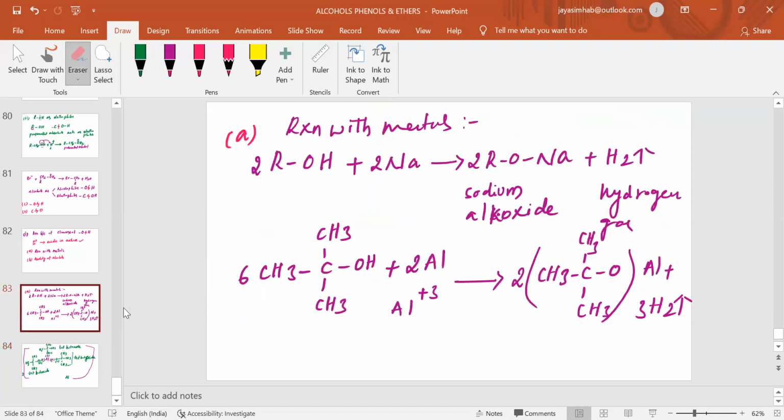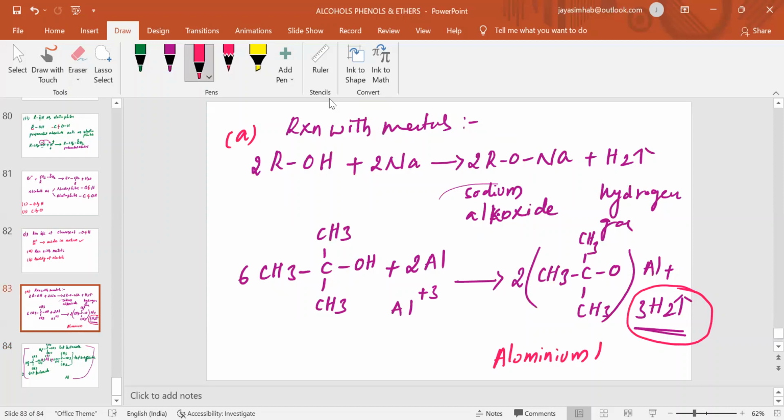That is the meaning of this particular structure. Here also hydrogen is released, and the metal is aluminum instead of sodium. You can write it with potassium also, no issue. But you have to remember that hydrogen gas is always released along with the metallic oxide. So this is aluminum tertiary butoxide, tert-butoxide.